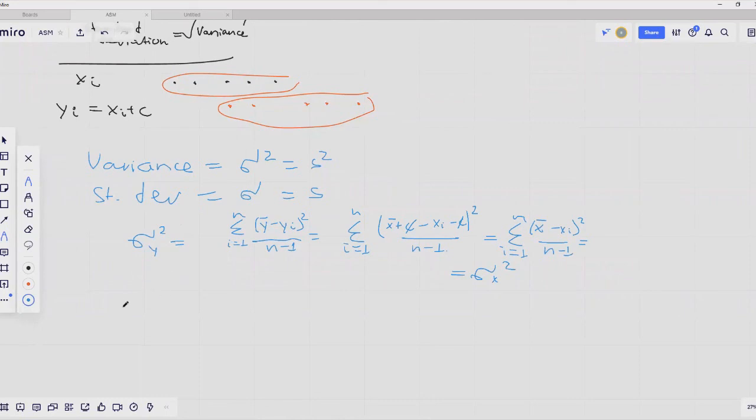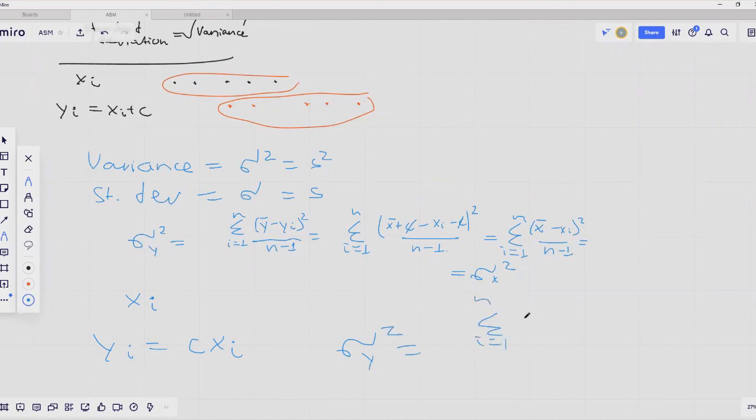Let's see what happens in a case when we have a scaled sample. So let's assume we have an original sample of xi's. The scaled sample is yi's, where we multiply our original sample by some constant c. Now let's take a look at the value of variance.